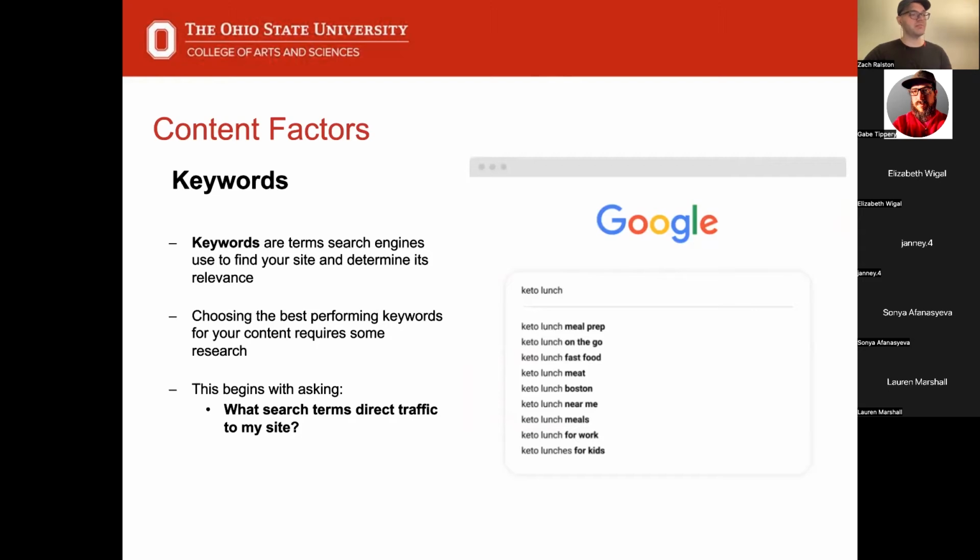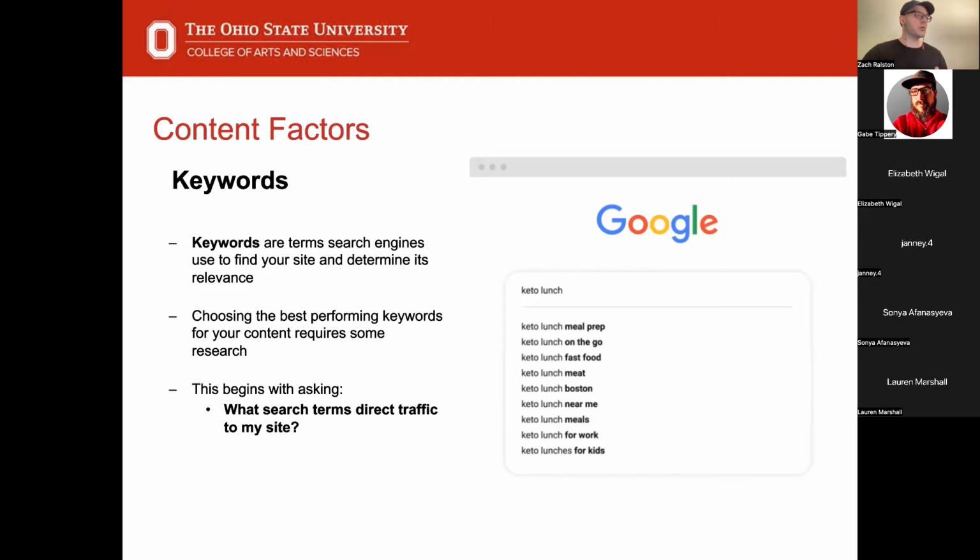For example, we have keto, keto lunch meal prep, keto lunch on the go, and so on. Each one of those is its own search term. Even though it's all one phrase that you're using, Google breaks that down and combines it to find the most relevant results.